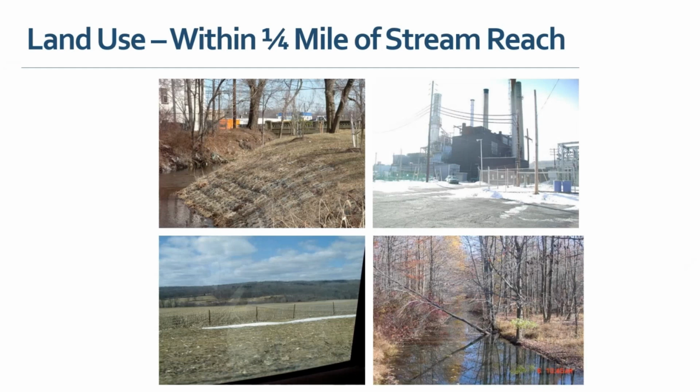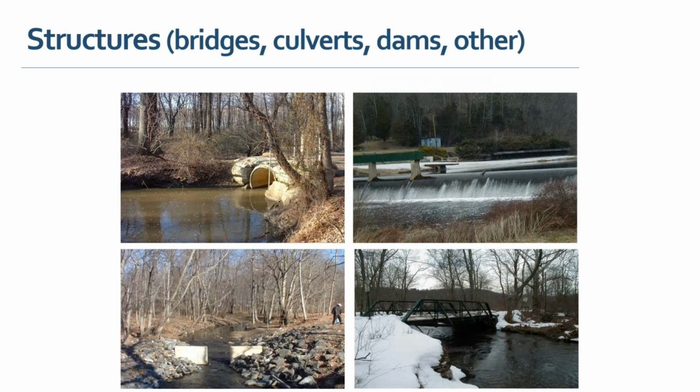So here's some examples of land use, such as commercial, industrial, farmland, maybe preserved open space. Here's some examples of structures, and we're just talking about the structures that are within your 100 meters. So often there's a bridge, because often we choose our sites where there is a road crossing, because that's the most convenient.